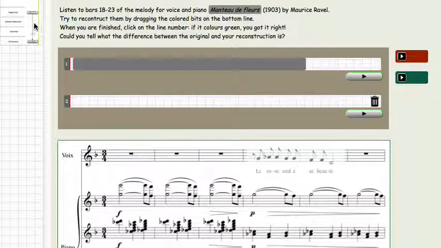We have an excerpt from a melody for voice and piano by Maurice Ravel, Manteau de fleurs, and they ask us to reconstruct these six bars by dragging the colored bits on the bottom line. There is also a question there, which is the difference between the original and our reconstruction.